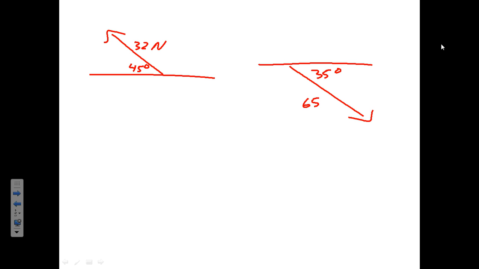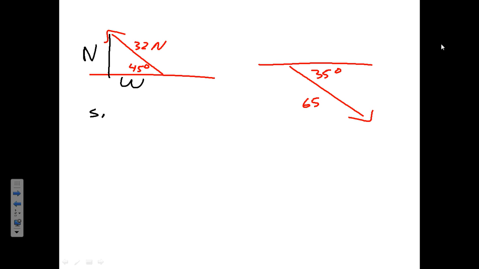So like we said before, the first thing that you want to do is break these into components, do vector resolution. So let's draw down a vertical. I'm going to call this N since it's to the north, and I'm going to call this W since it's to the west. And I'll use sine and cosine. And the nice thing about this one, since it's 45, what do we know? Both the components are going to be the same, right? 45 degree angle.